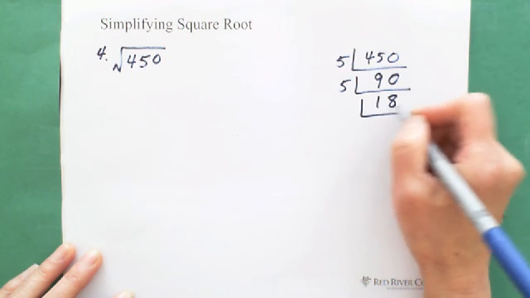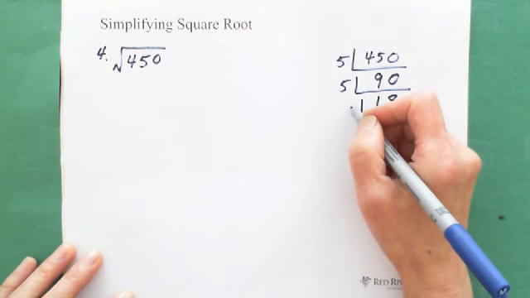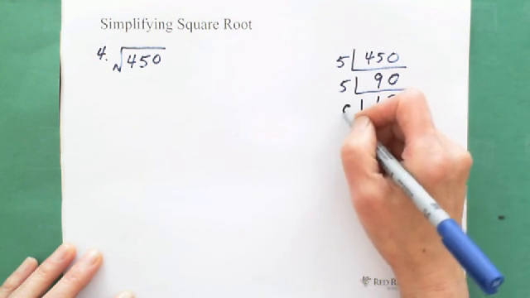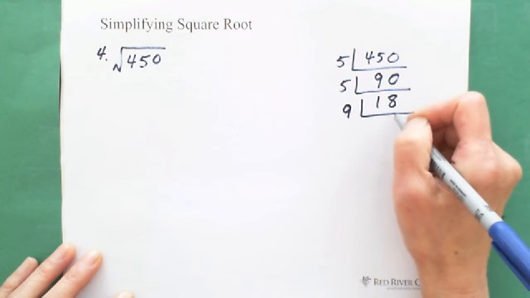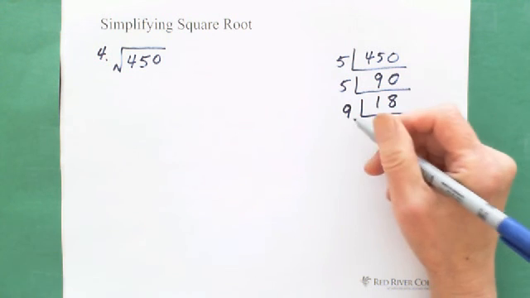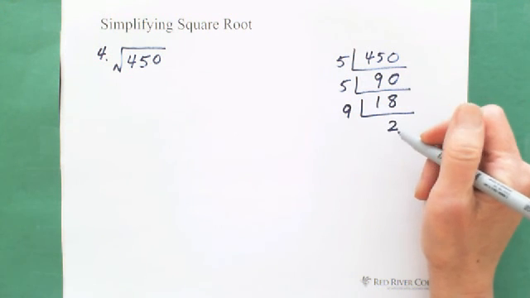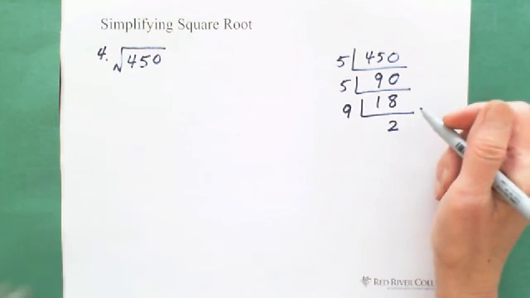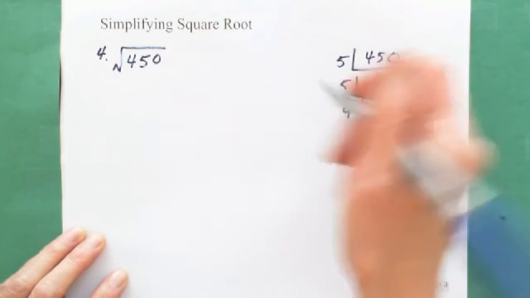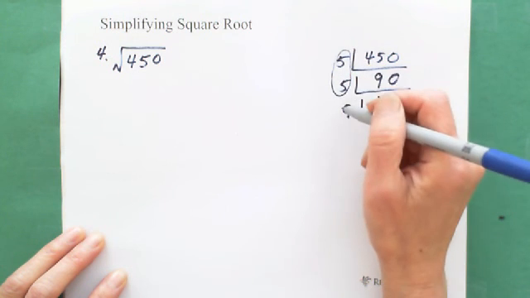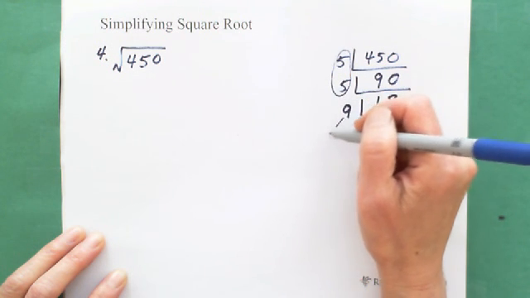You can see 18 is divisible by 2. Also we can say 18 is divisible by 9 and 2. You can divide by 9 and get 2, or divide by 2 and get 9. It's okay, but we do it this way, and then we find we have a pair of 5s and also 9. 9 equals 3 times 3.